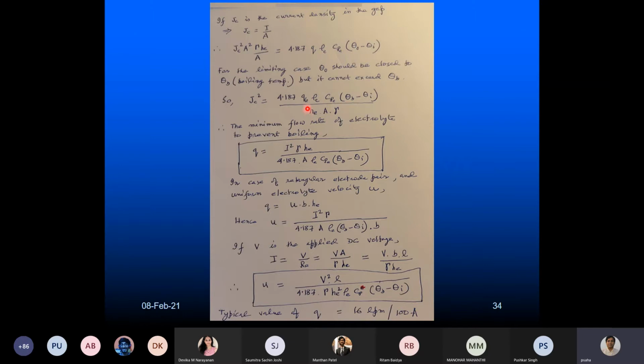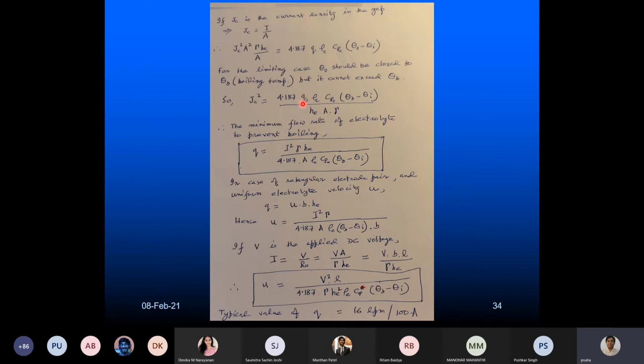And the remaining things come. So it is Q into rho into Cp into theta B minus theta Y, whole divided by He into A into gamma. So from here we can say the minimum flow rate of electrolyte to prevent boiling will be how much?